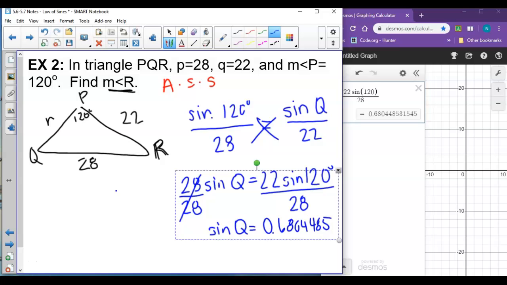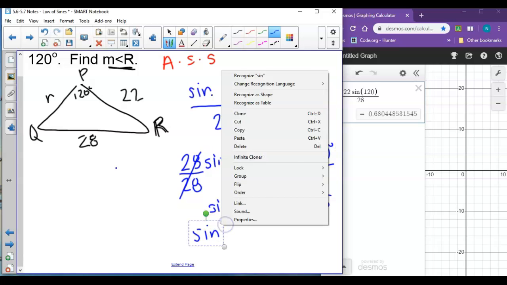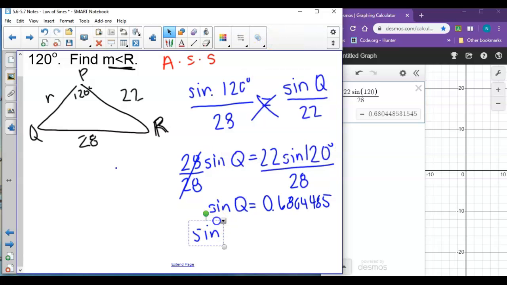Now, we've got sine of Q equals this value. What we've got to do to find Q is inverse sine. So we're going to do sine inverse of both sides. And sine inverse just cancels out sine over here.